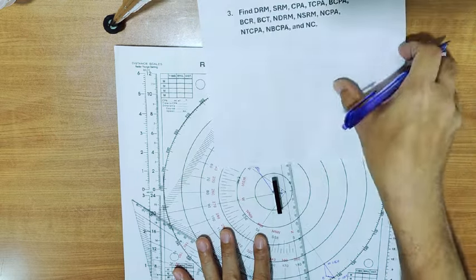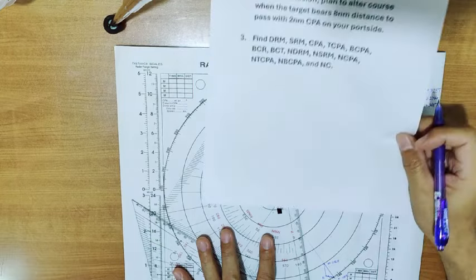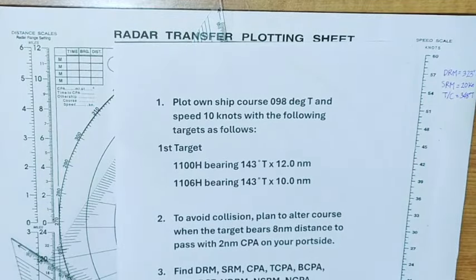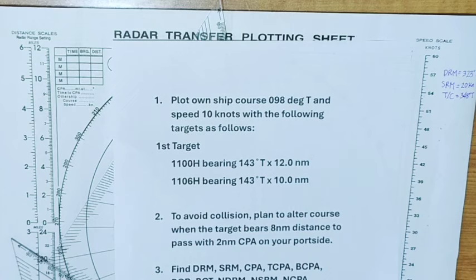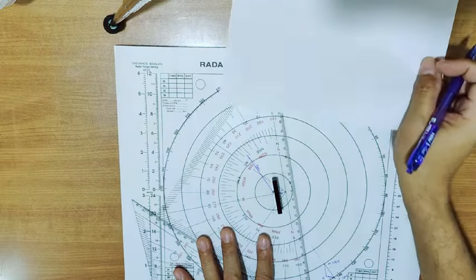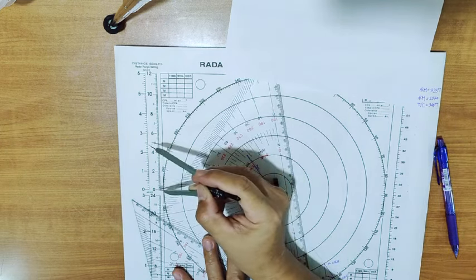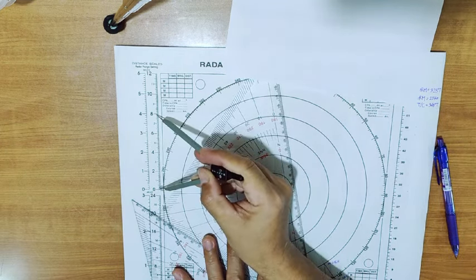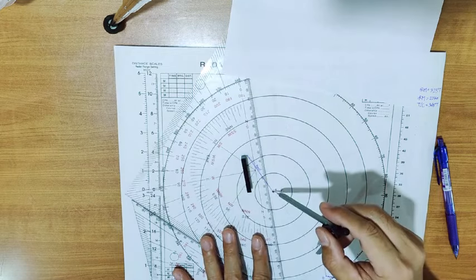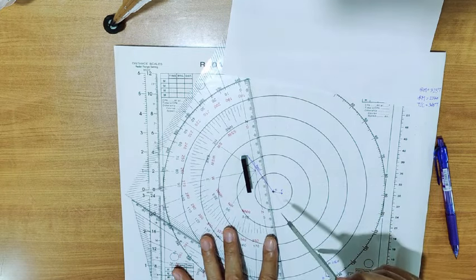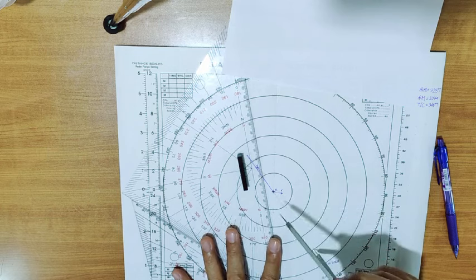Then let's plot the point of execution, that is according to our problem, when the target bears 8 nautical miles. So 8 nautical miles, measure 8 nautical miles. A little bit above the line, a little bit above the circle.